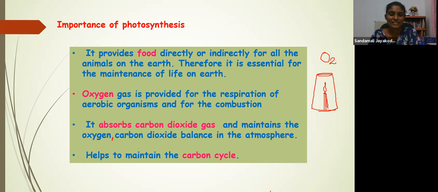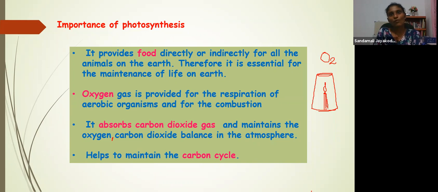So it helps to maintain the carbon cycle. As I told you, it absorbs carbon dioxide and produces food. So it produces food for us.